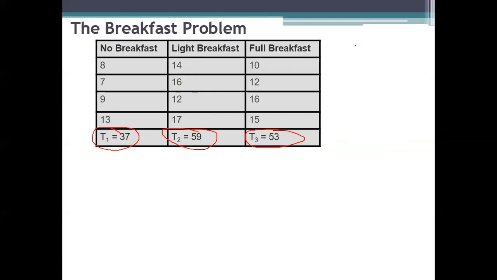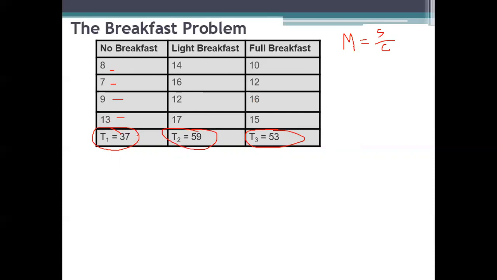So what is the basic formula to get the mean? If you refer to chapter 1, an introduction to statistics, the basic formula to get the mean is the sum divided by the count, isn't it? For example, for no breakfast, the sum is 8, 7, 9, and 13, divided by the count: 1, 2, 3, 4.